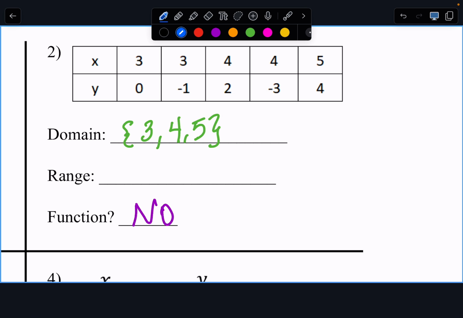Our range would be -3, -1, 0, 2, and 4. Does the range have to be in order? It doesn't, but it's easier, because that's where we would see them on a number line, smallest to biggest.